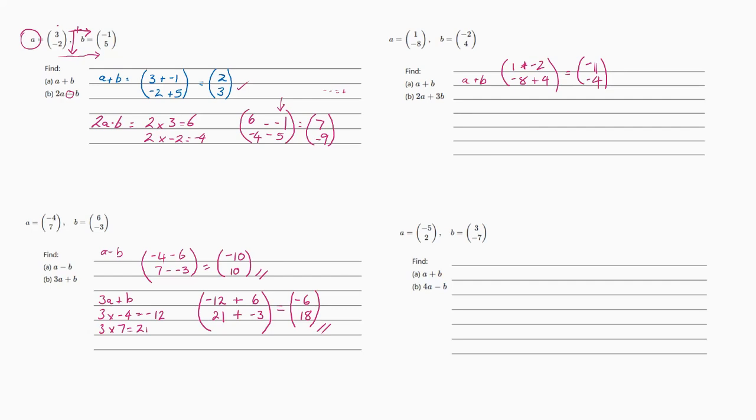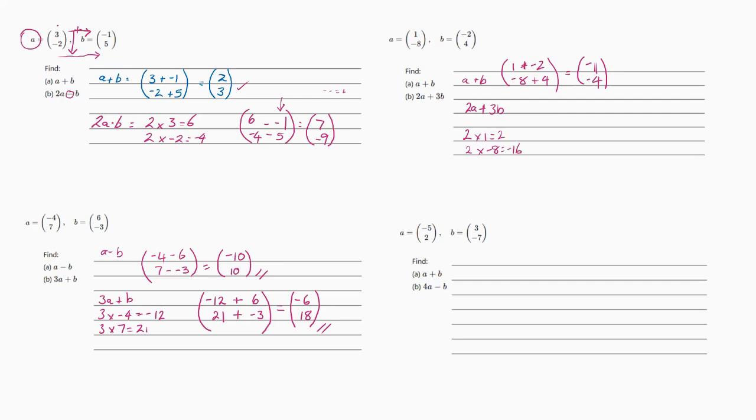So here we have to work on both vectors. So let's work on the 2a. 2 times 1 equals 2. 2 times -8 equals -16.